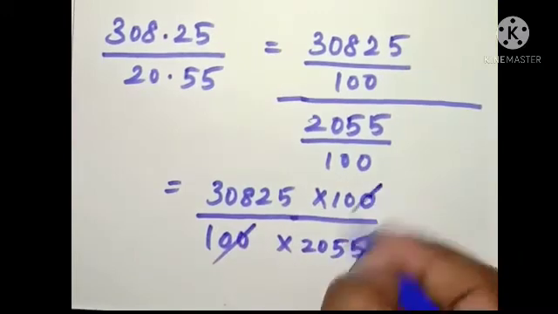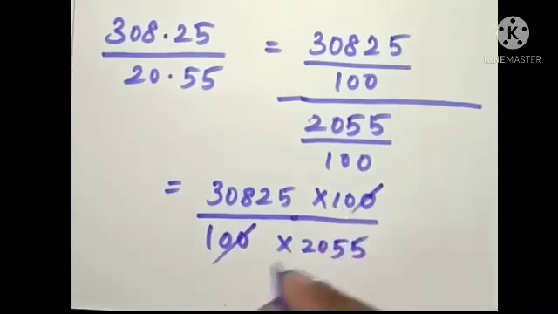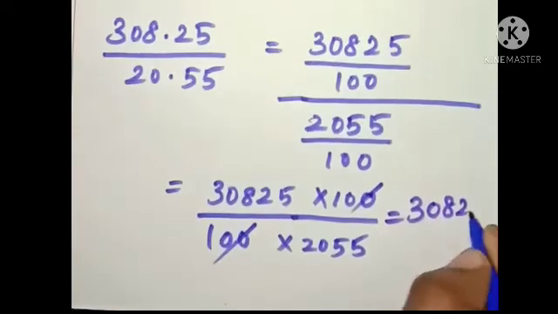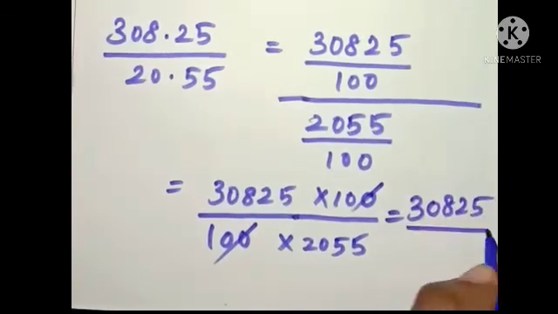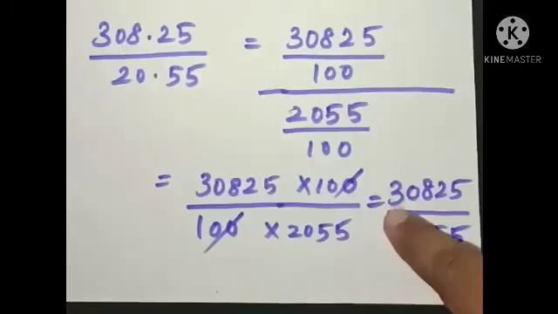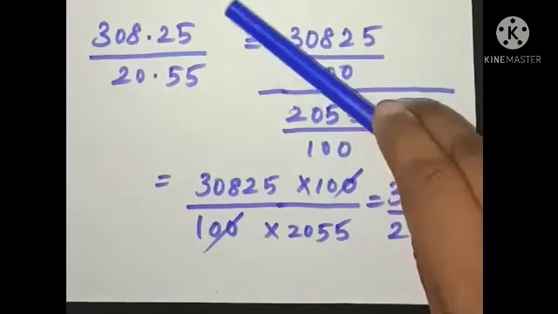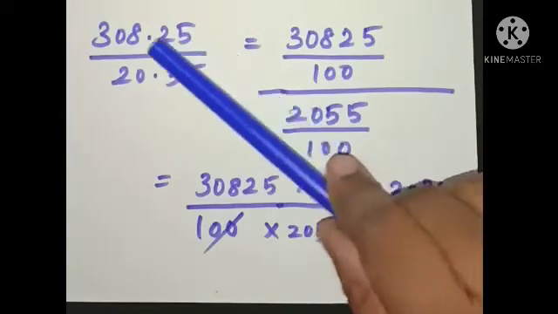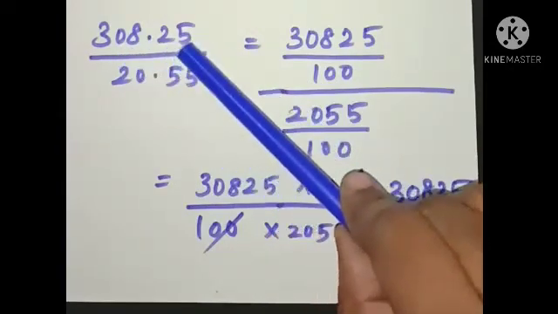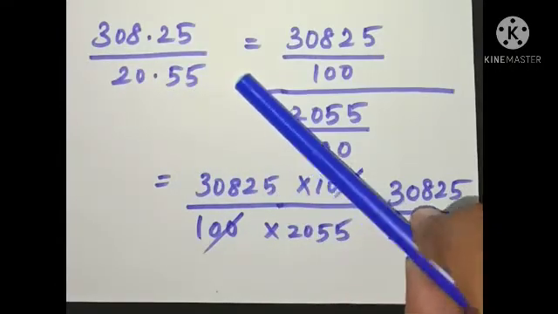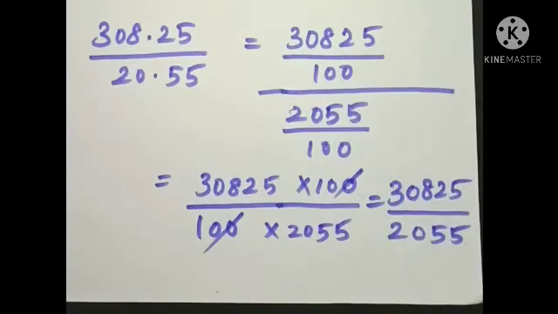Now let us cancel 100 and 100. Now we get 30,825 by 2055. Else, children, we can multiply and divide by 100 and 100 here itself, that is 308.25 into 100 divided by 20.55 into 100. So we get the same value.